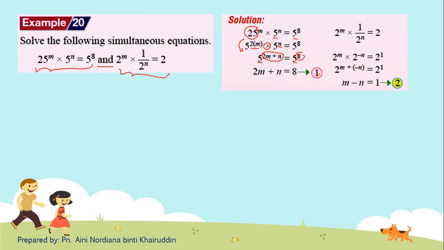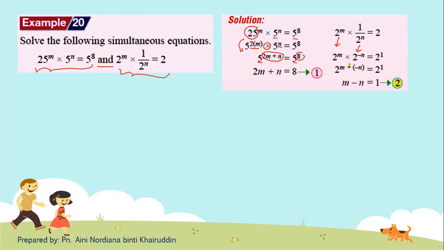This is equation 1. For the second equation, 2 to the power of m times 1 over 2 to the power of negative n equals 2. So this remains unchanged. This one is changed to negative index form. 2 to the power of 2 is actually 2 to the power of 1.